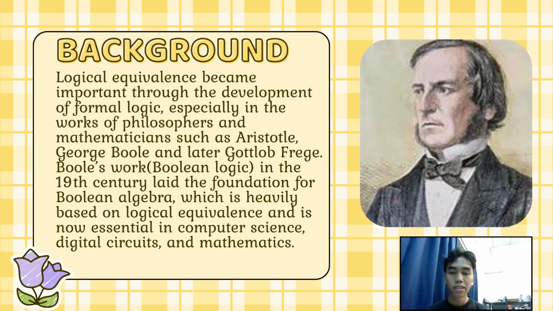In the 19th century, George Boole introduced Boolean logic, which laid the foundation for Boolean algebra. Boolean algebra is heavily based on the idea of logical equivalence, where different logical expressions can have the same meaning.